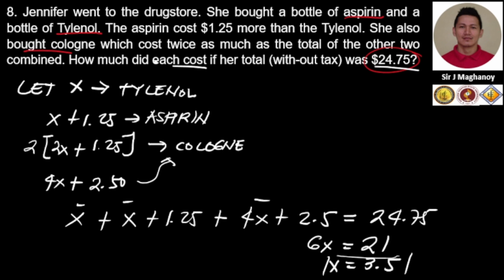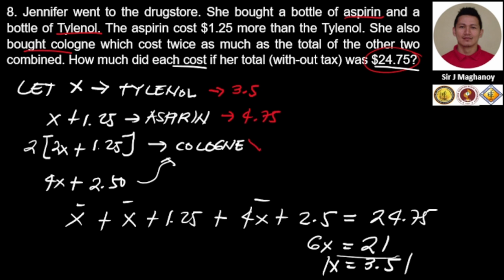So let's check if our answer is correct. If X is 3.5, the cost of our Tylenol is $3.5. How about the aspirin? That is 3.5 plus 1.25, which is equal to 4.75. Our aspirin is 4.75.